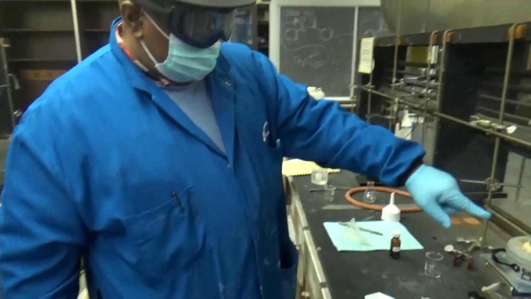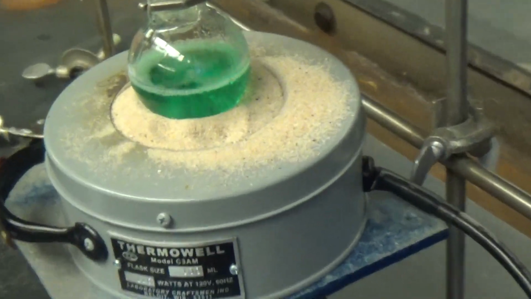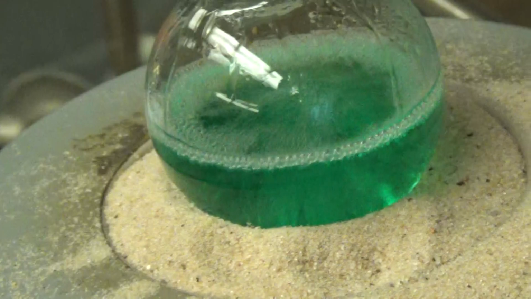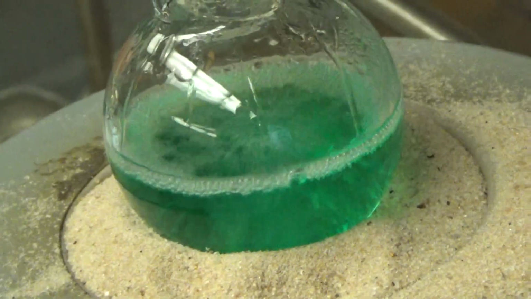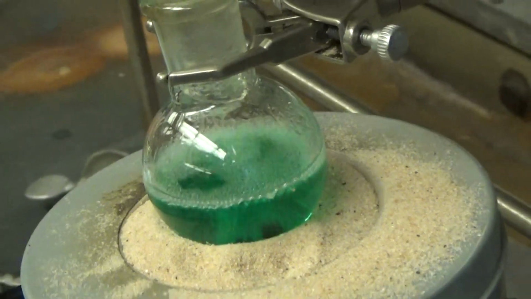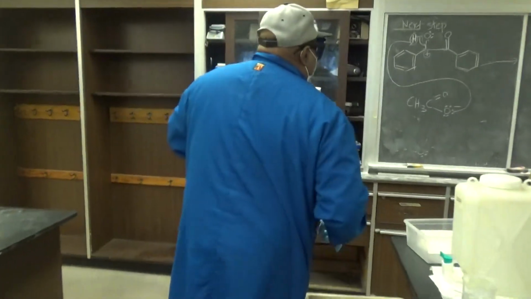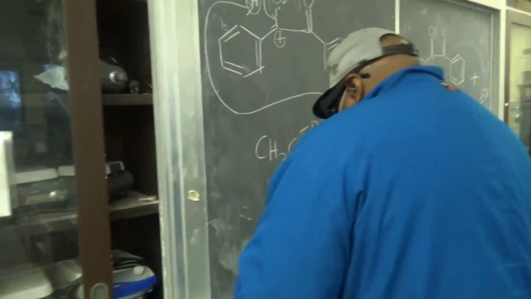You see, when you started, it was blue. Oh, it was blue. I didn't realize that. Yeah, it went from blue to green. Because at the last step, you have a formation of copper with oxidation number 1. Oh yeah, that's interesting. So it went from copper 2, which is blue, to copper 1, which is green. I did not realize that.